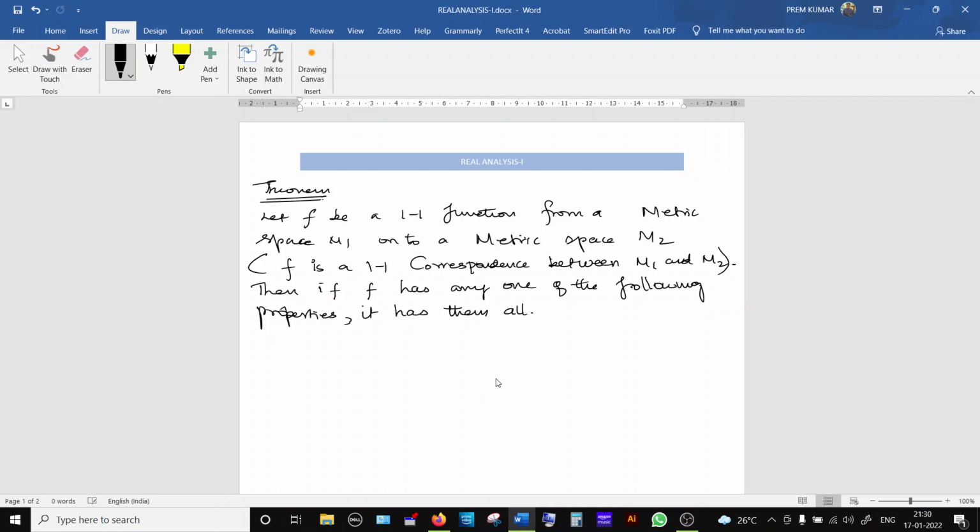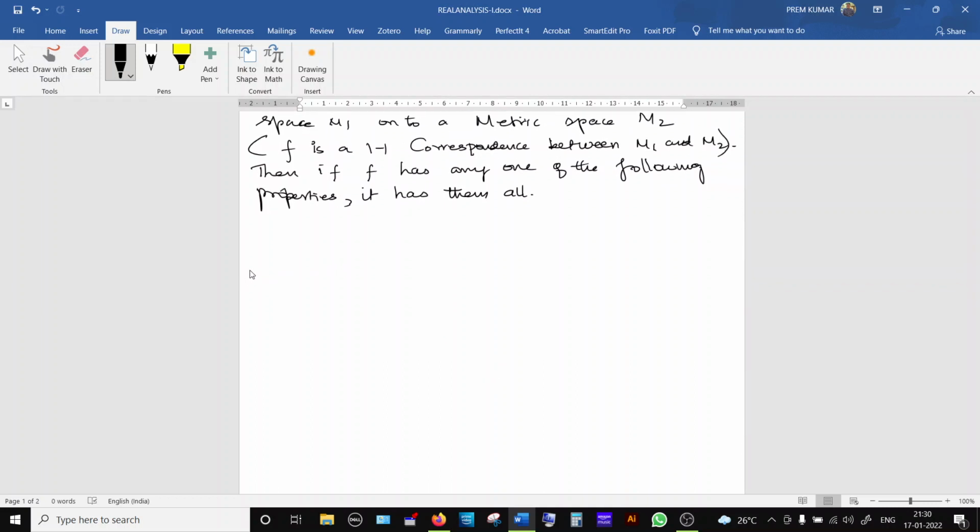That is, there are going to be three conditions, and if any one is satisfied, then it satisfies the others.